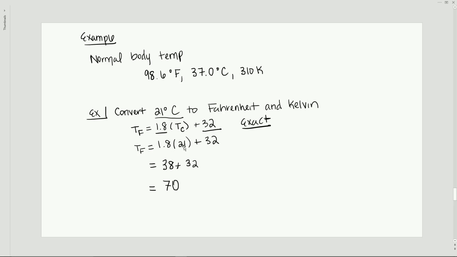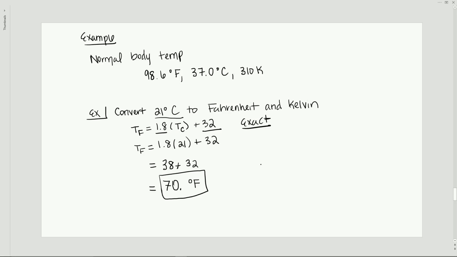There are no decimal places in our answer there. But we need to show that this 0 is significant because our last sig fig would be the ones place, so we need to put a decimal. So our answer is 70. degrees Fahrenheit. Okay, so that is 21 degrees Celsius converted to Fahrenheit.